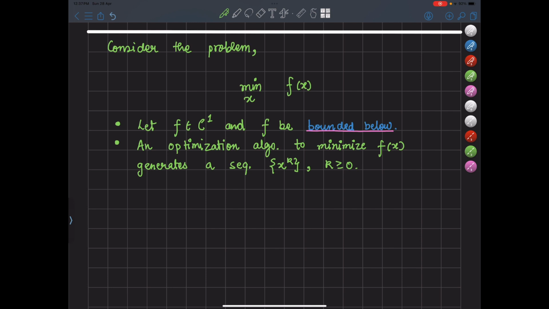So what an optimization algorithm will do is, as it goes through the iterations, it creates a sequence of variables xk's. That's what this point is saying.